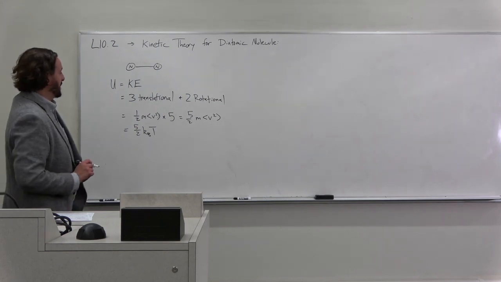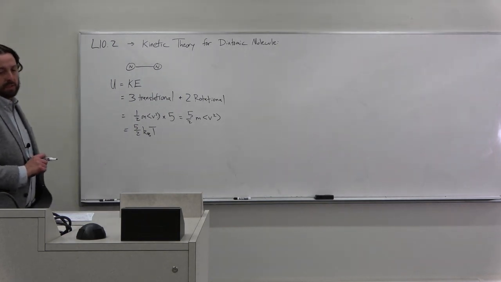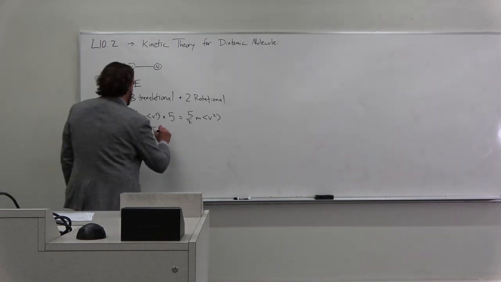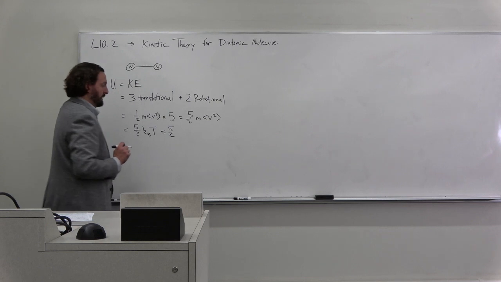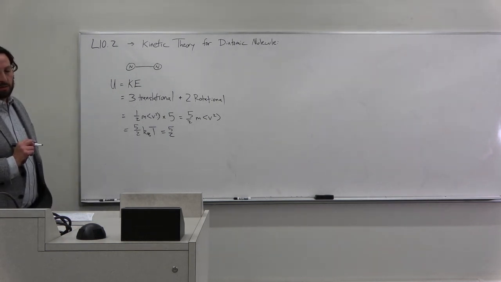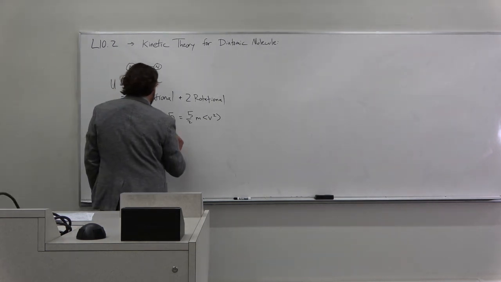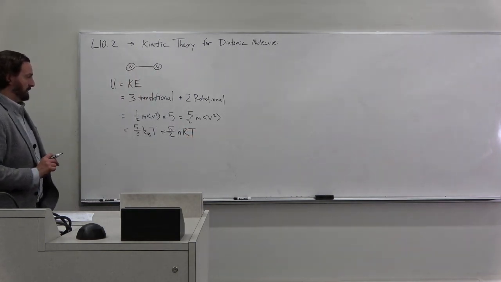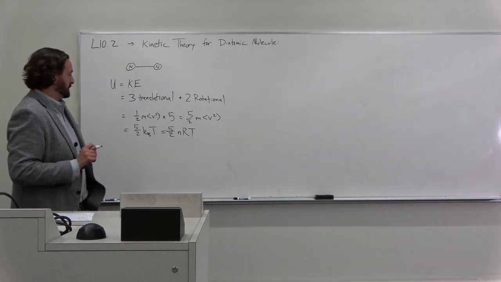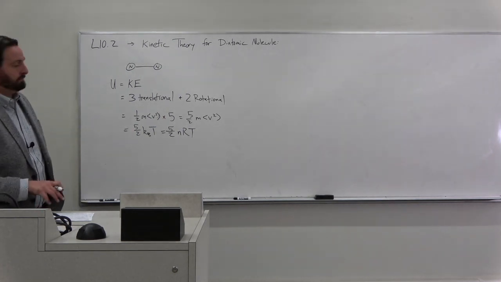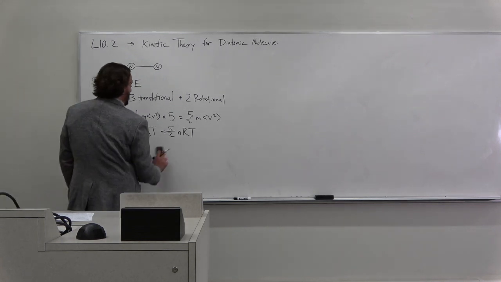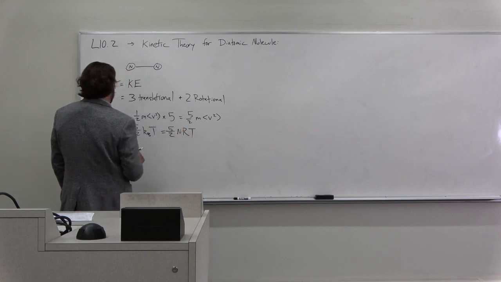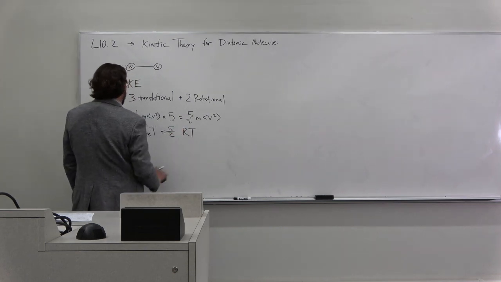But remember, you can also write this as 5/2 nRT. Sorry, 5/2 the number of molecules times kBT. So really, if I had all of them, it was the sum.